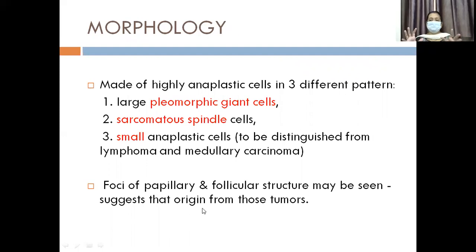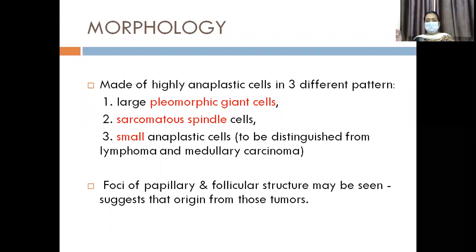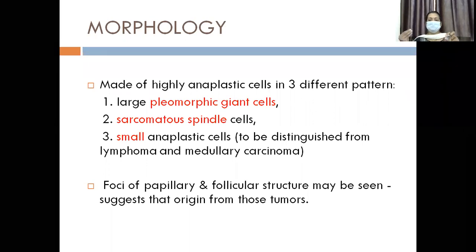So anaplasia can occur as a higher degree in other tumors, and once you see a large anaplastic tumor and then foci of papillary or follicular structure, you can think that initially it was this carcinoma and then it transformed into an undifferentiated tumor.